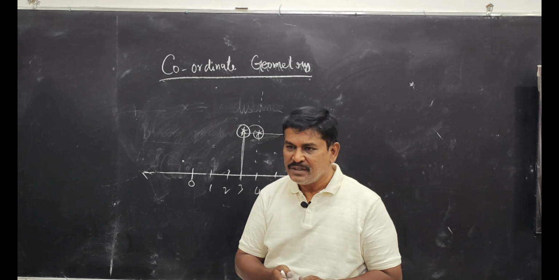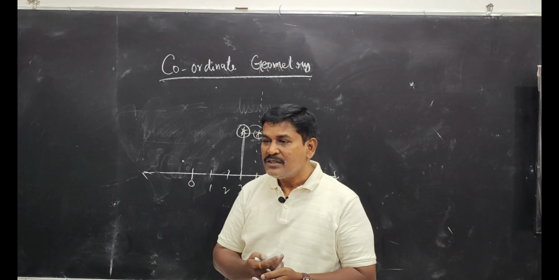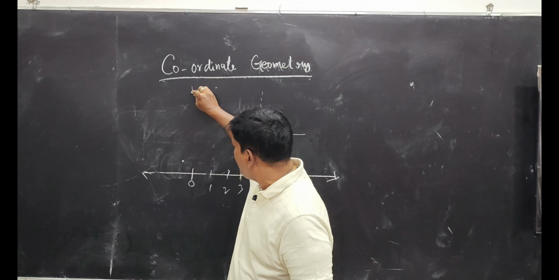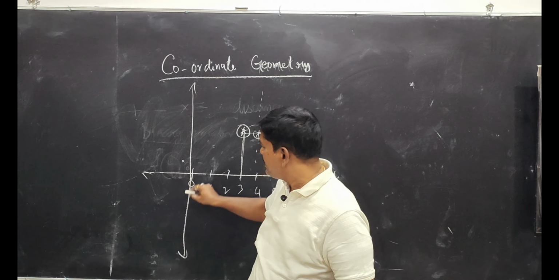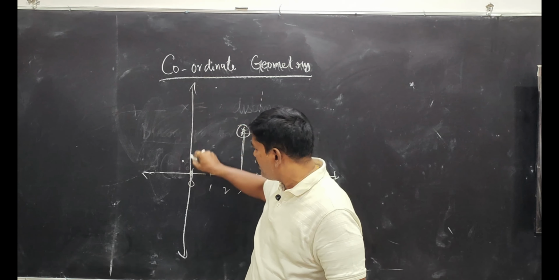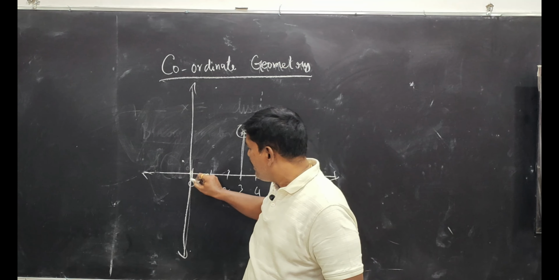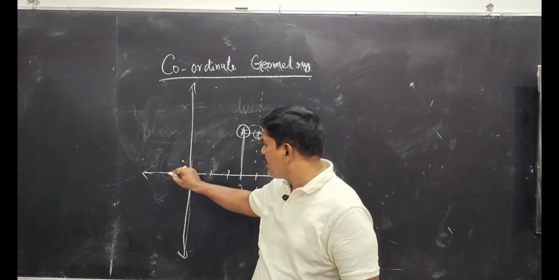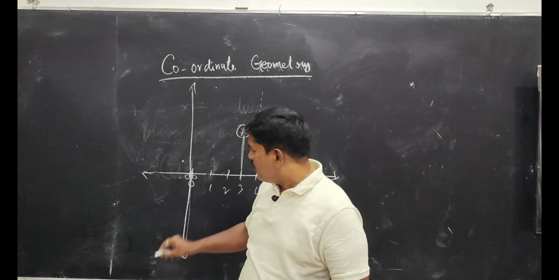Is it or not? So after two to three days, he got an idea. Why can't I go for another scaling method? So he put a vertical line. For this vertical line, he makes a 0, and for the horizontal line, he makes another 0. What is this?